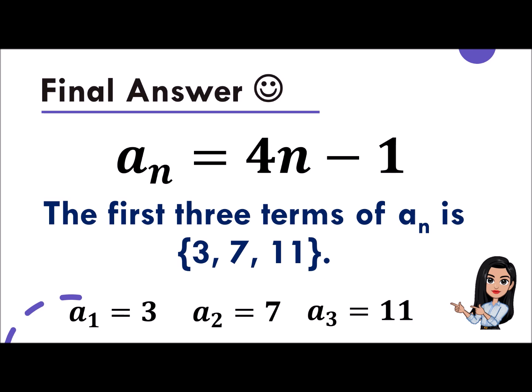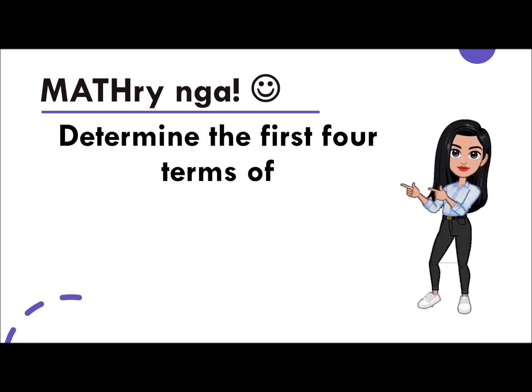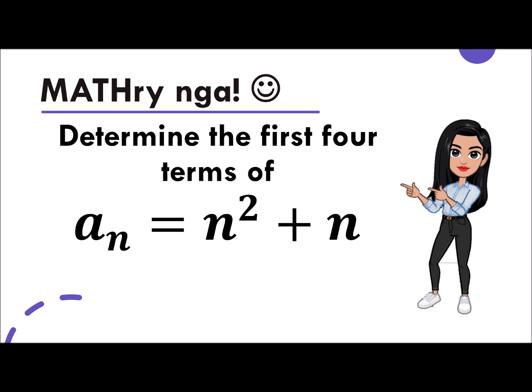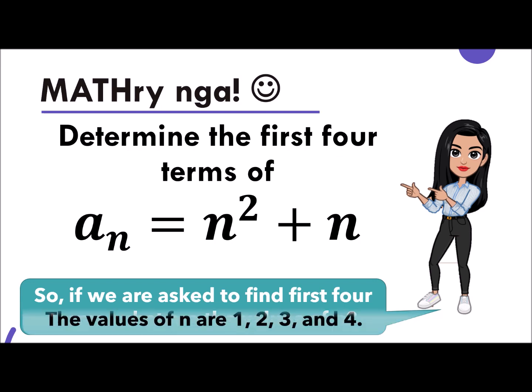Okay, very good. Let's try another one. Determine the first four terms of a sub n is equal to n squared plus n. So, if we are asked to find the first four terms, what are the values of n? Correct.